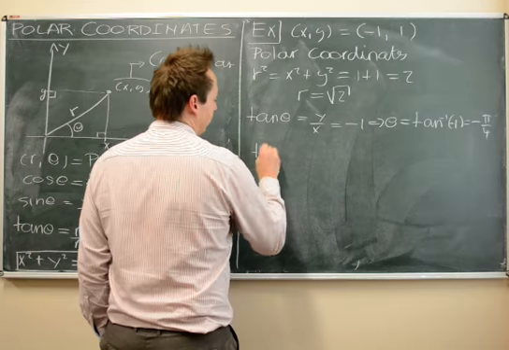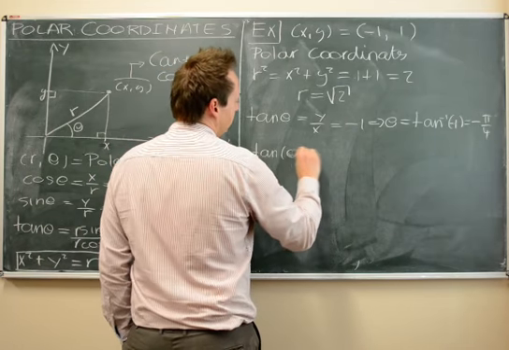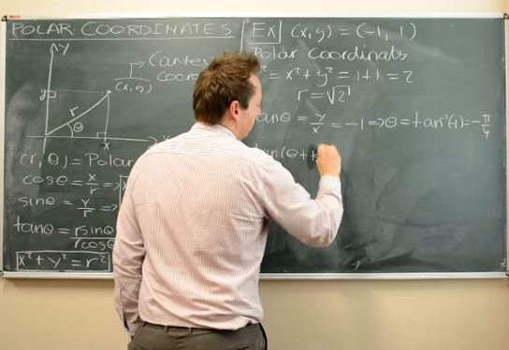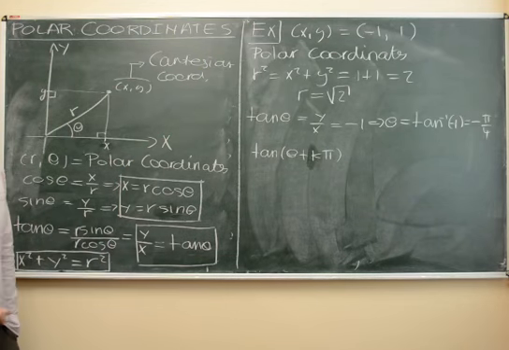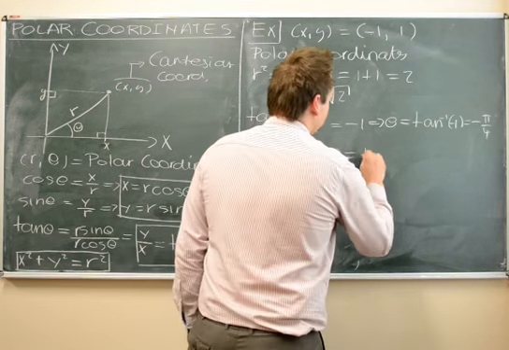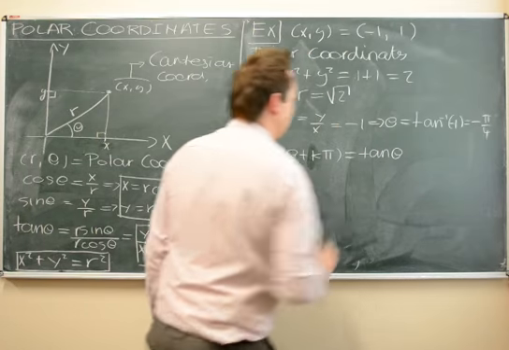What that means is that tan theta, if you add any multiple of pi, so if you add pi or 2 pi or 3 pi or minus 5 pi, you still get the same value.